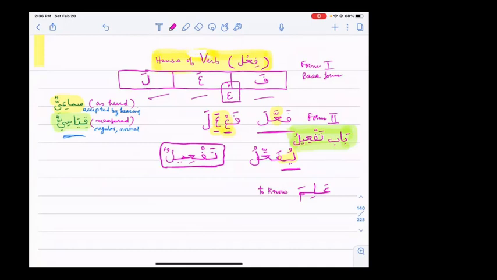And then bring this alima into form 2. Allama. See, allama. Alima, to know. What is the meaning of allama? To teach. Allama, yu'allimu, to teach.